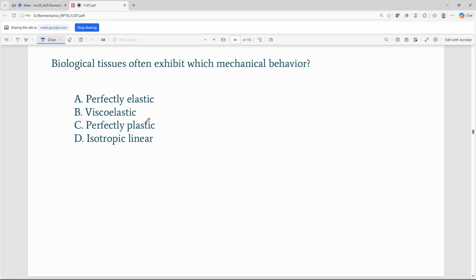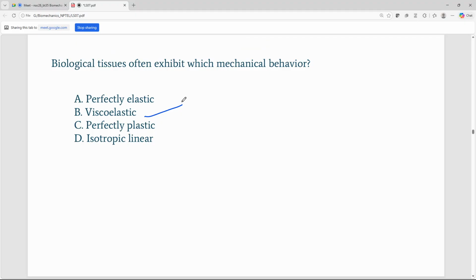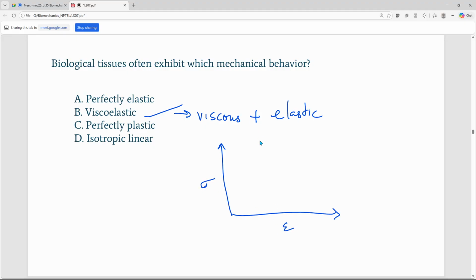Answer is option B, viscoelastic. That is, it shows both viscous and elastic behavior. So, a simple stress strain curve for a viscoelastic material won't be linear, it will be something like a curve.